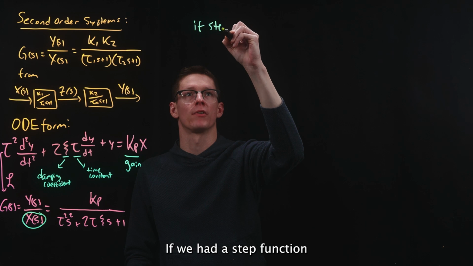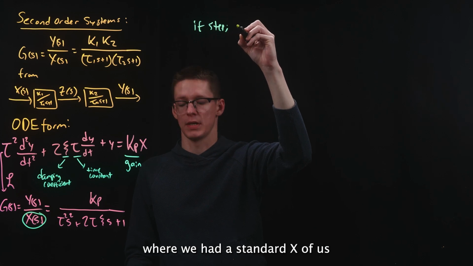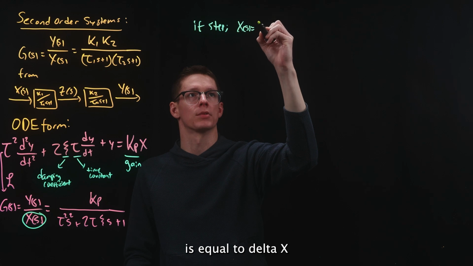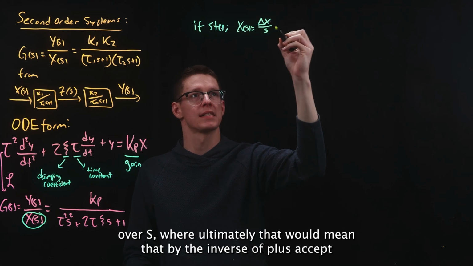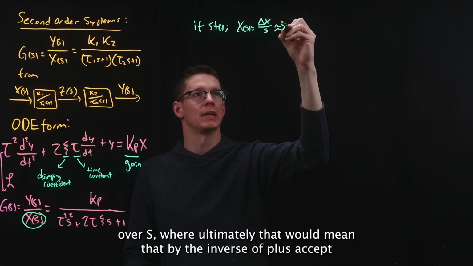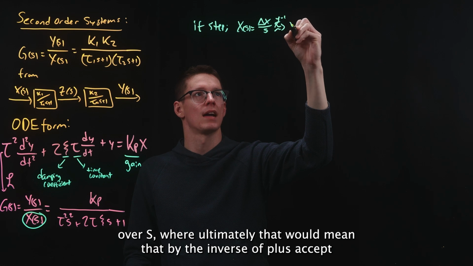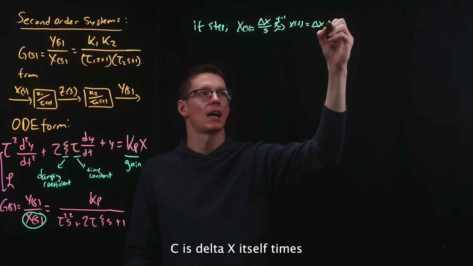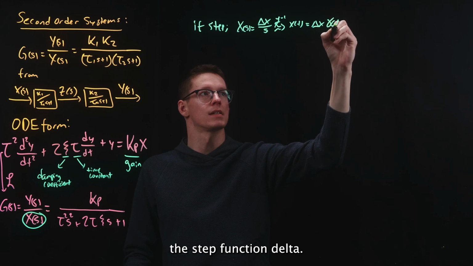If we had a step function where x of s is equal to delta x over s, then by the inverse Laplace, x of t is delta x itself times the step function.